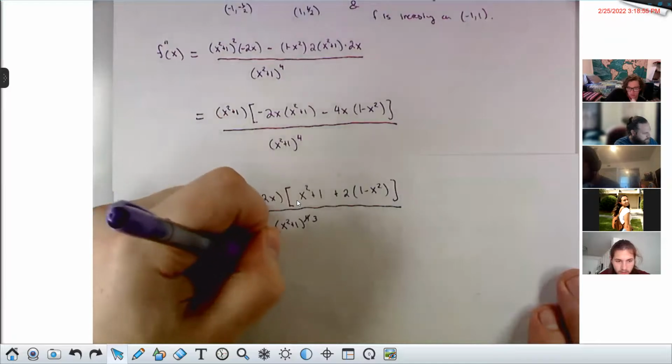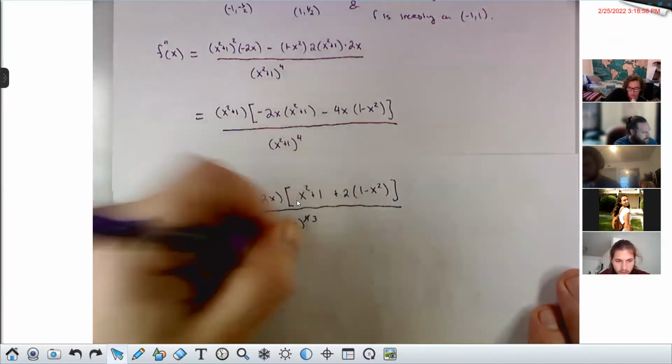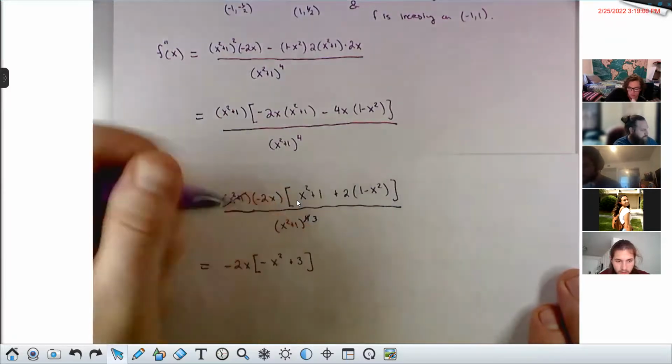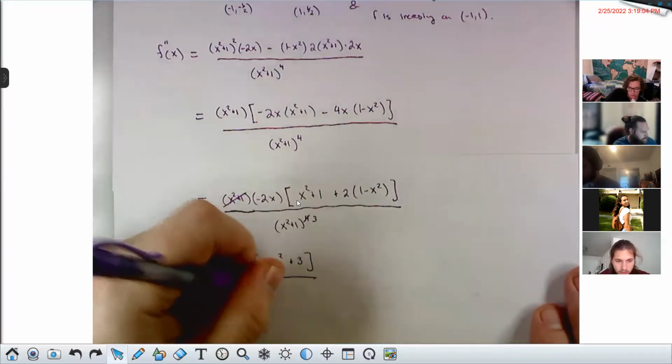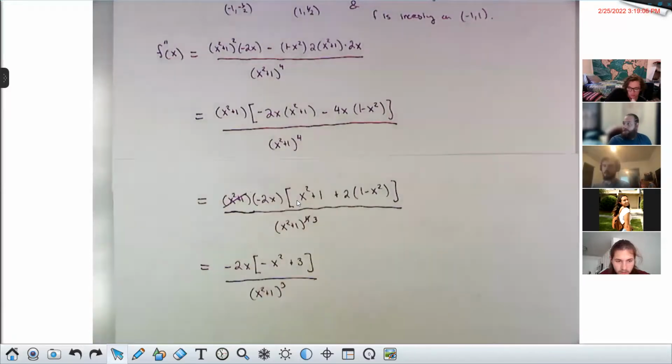So what is that? That's negative x squared plus 3 over x squared plus 1 cubed. So here is our nice fully simplified second derivative.